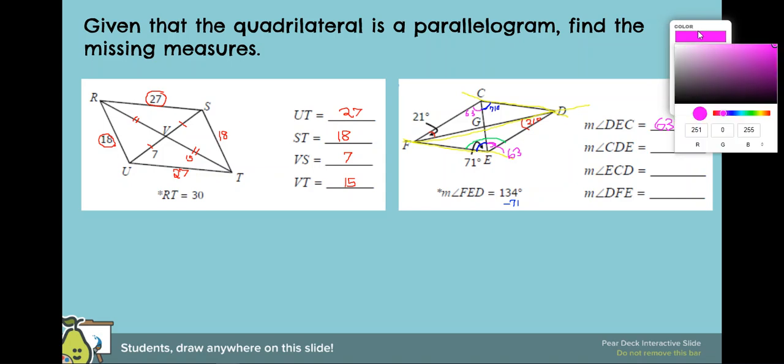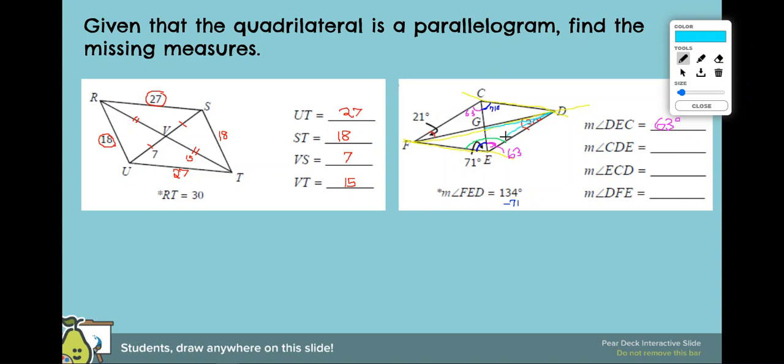So if I think about a giant triangle in the middle, so there's a triangle formed here, and I know that 21 degrees is a portion of that triangle, and I know that 63 degrees is the other measure. So whatever is left has to be our top angle here, and it has to add up to 180 degrees.